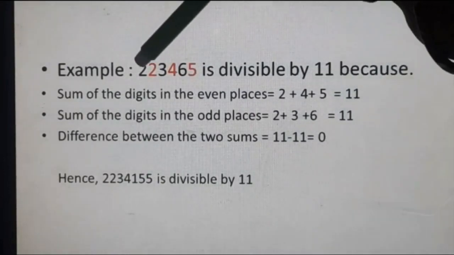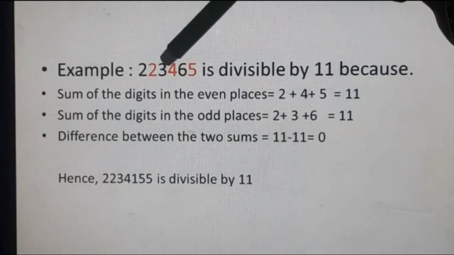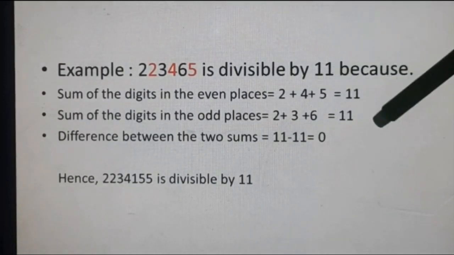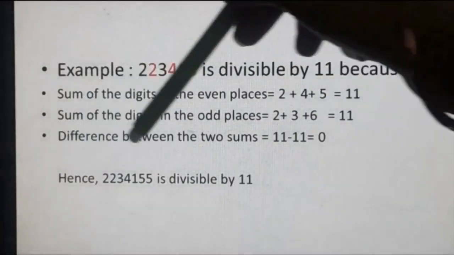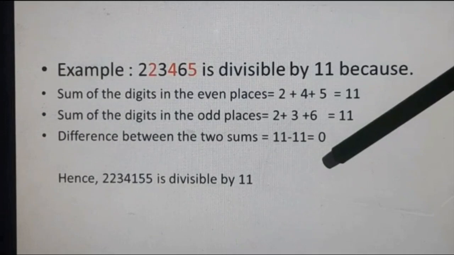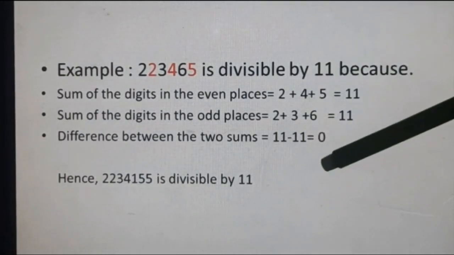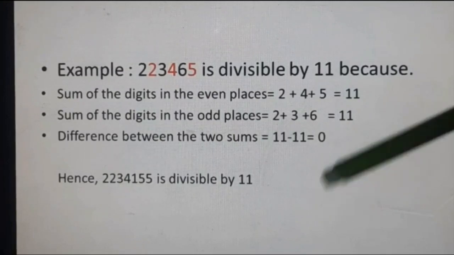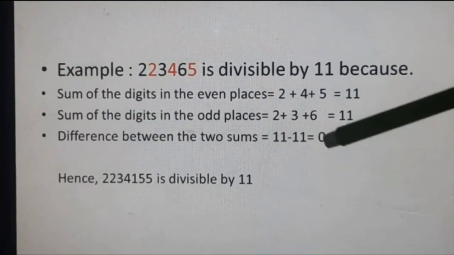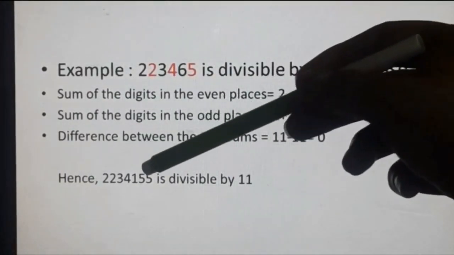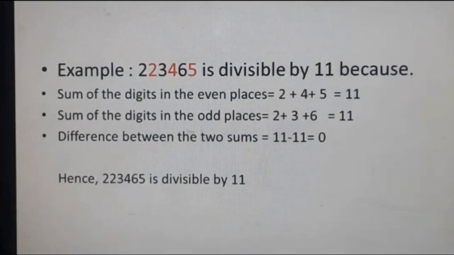And odd places: 2 plus 3 is 5, 5 plus 6 is 11. Now the difference between the two sums: 11 minus 11 is 0. It was said in the rule, if the difference is 0 or a multiple of 11, then the given number will be divisible. So we are getting 0. Hence 2,23,460 is divisible by 11.